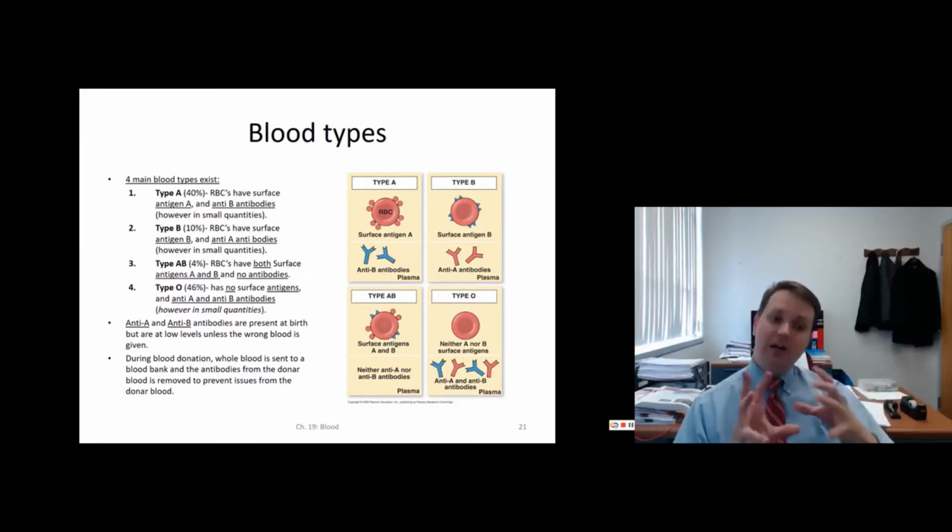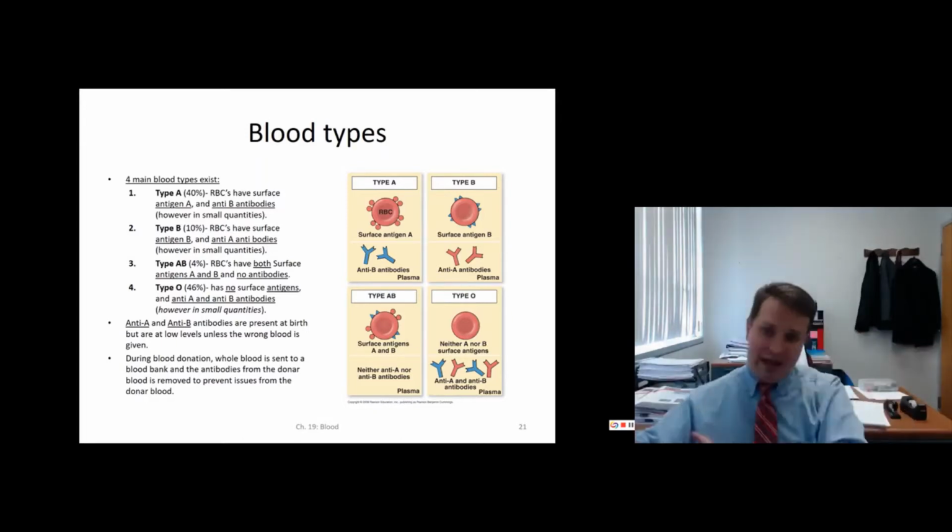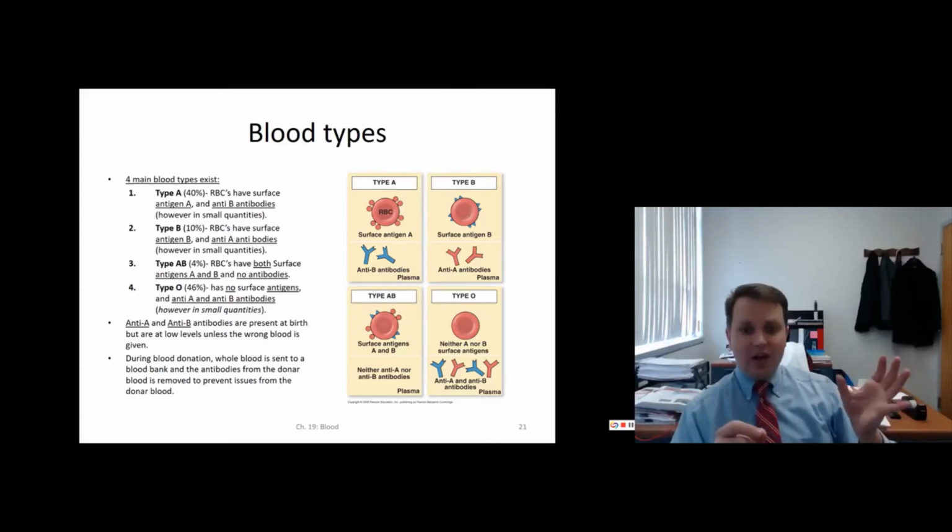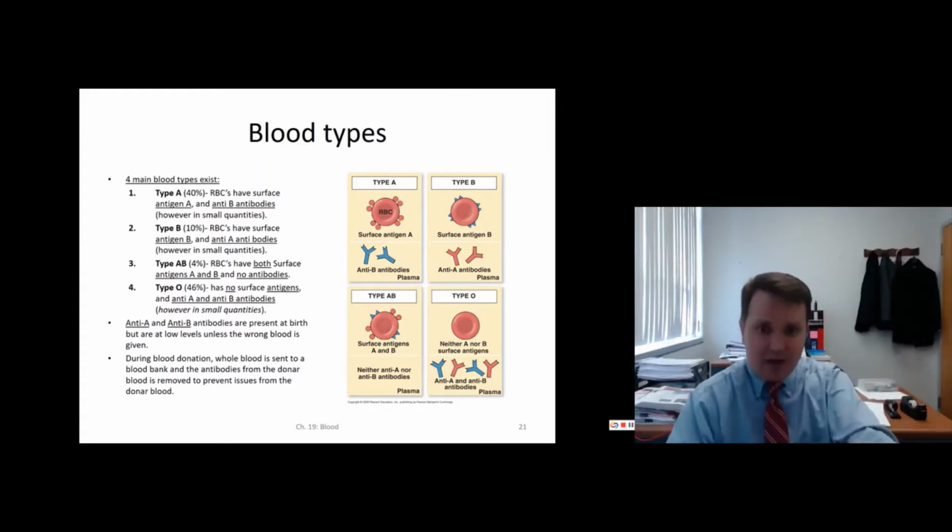Now, here's the deal. You might be wondering, well, how in the world can O be a universal donor when it's got both A and B antibodies? Well, when you donate your blood, it goes to the blood bank.